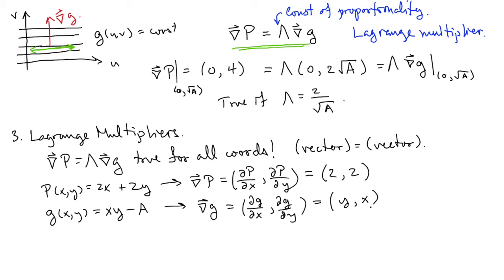And so our condition that the gradient of p is equal to a constant times the gradient of g gives us two equations. It gives us 2 equals lambda times y, and 2 equals lambda times x. And our constraint equation gives us one more, xy equals a.